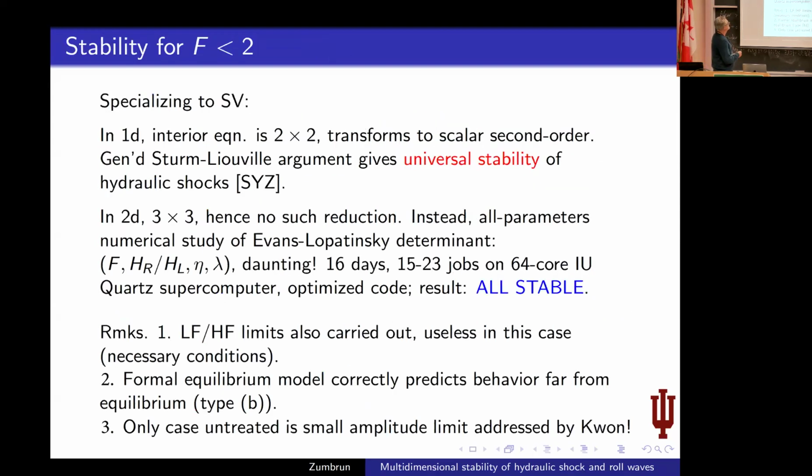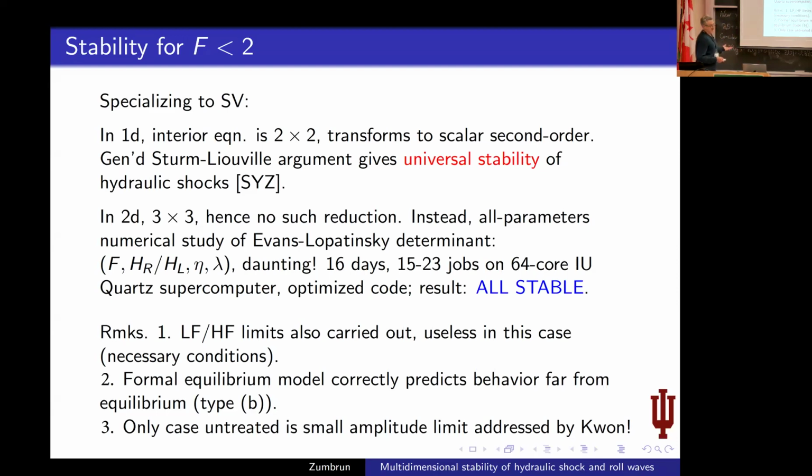Okay, so, stability for F less than 2. Those are the monotone decreasing ones. Okay, so in one dimension, the interior equation was 2 by 2. So a first order system with 2 variables. You can always transform that to a scalar second order problem.